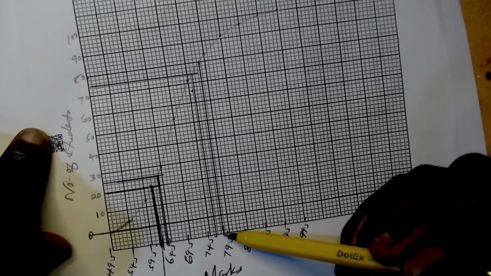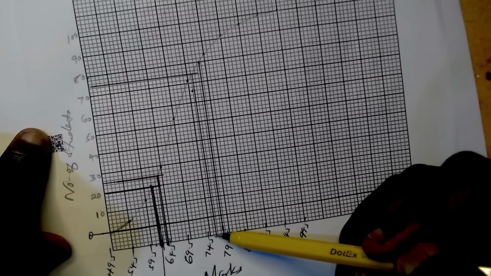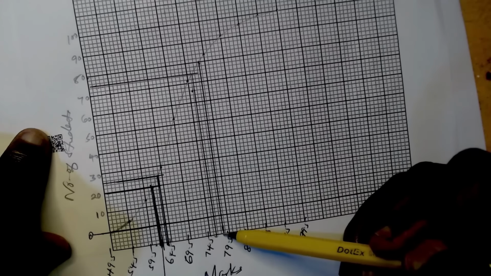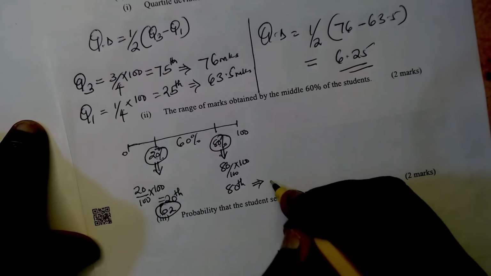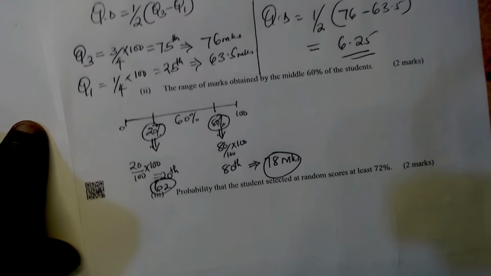So 75.5, 76.5, 77.5, then plus 0.5, that will be 78. So that will give 78 marks. So that is the range. We have now the range.